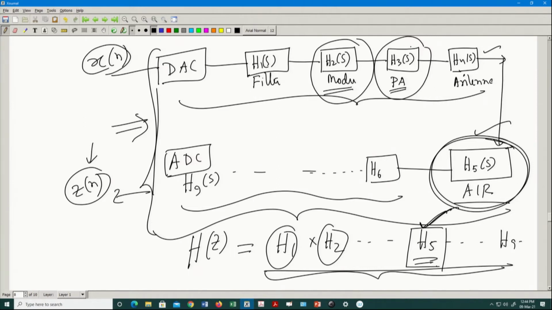Because this modulator, this power amplifier, this antenna was tuned for 6 gigahertz. When you switch the RF to say 50 gigahertz, they may not work. Okay. So, you have to redesign all these components, and when you redesign all these components, it is not a simple task, because it requires characterization, it requires a lot of effort to make such components workable at a higher RF.